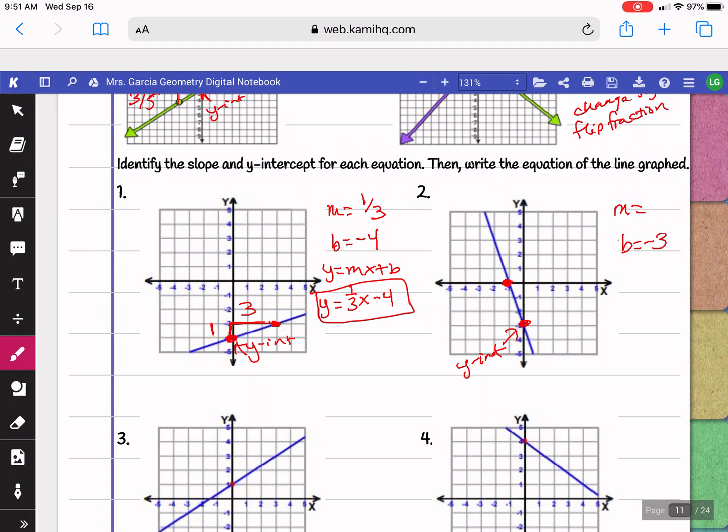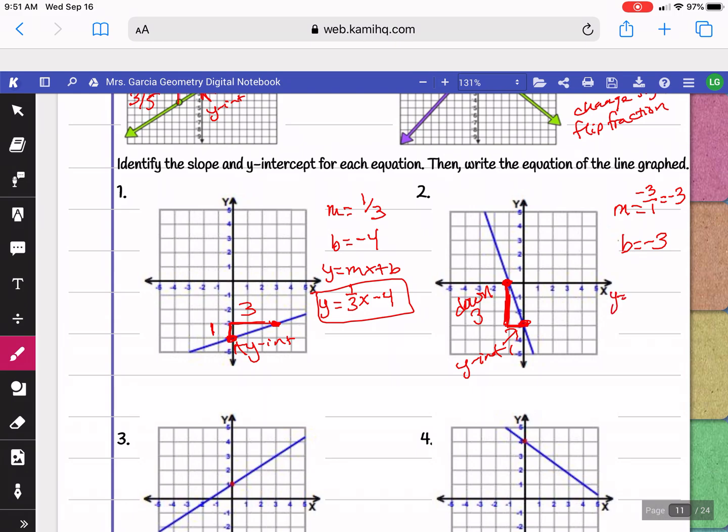I always start at the left point. So from the left point to get to the y-intercept, it's actually going to go down. And it goes down 3. And then right 1. So since it went down, it's -3. And it went right 1. That's the same as just -3.